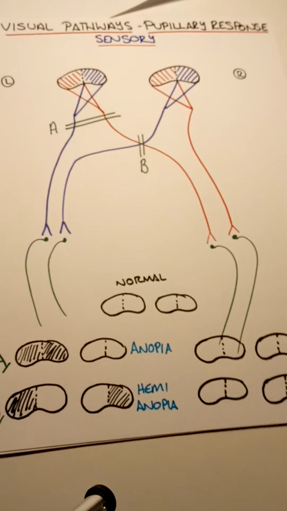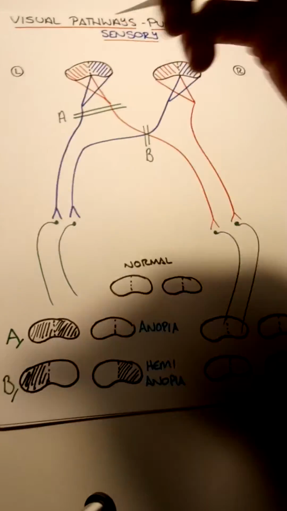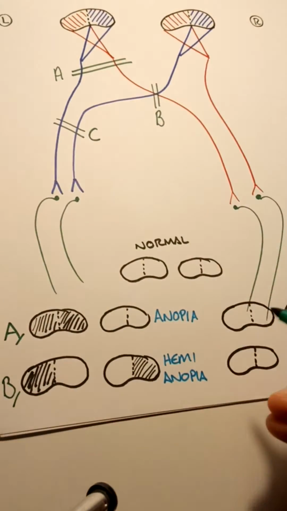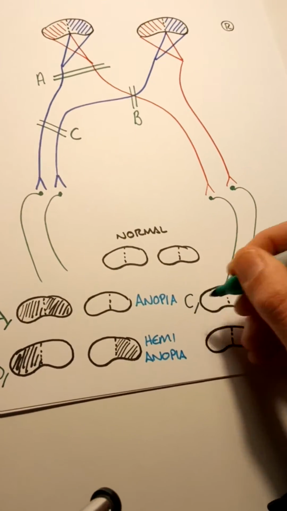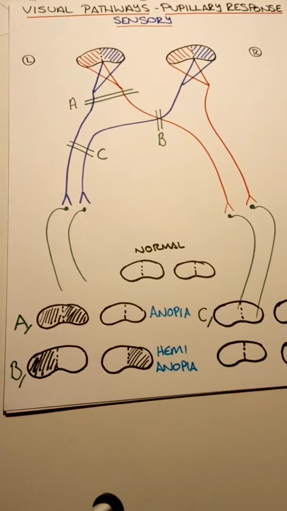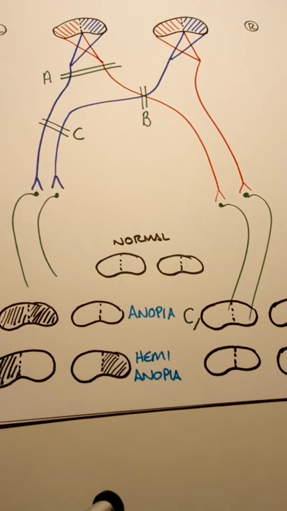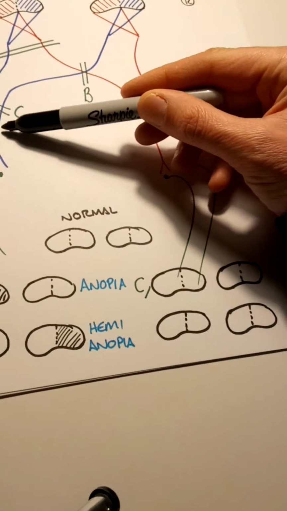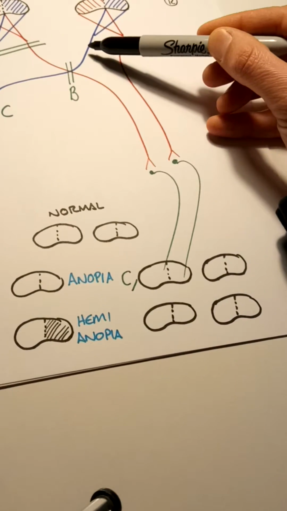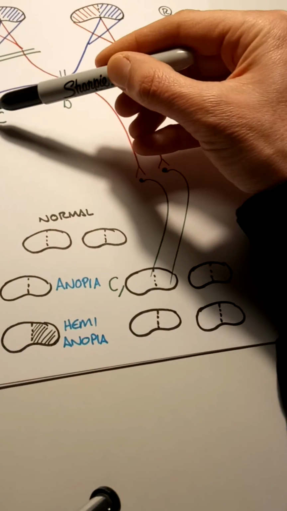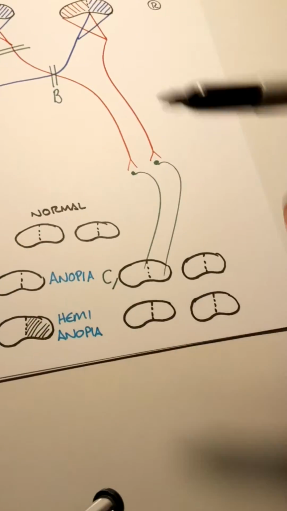Lesion B, where are we going to stick lesion B? Sorry, lesion C. Lesion C is going to go here. So what's that going to do to our fields of vision? So lesion C, we can see it's going to affect this one, which is our right temporal.